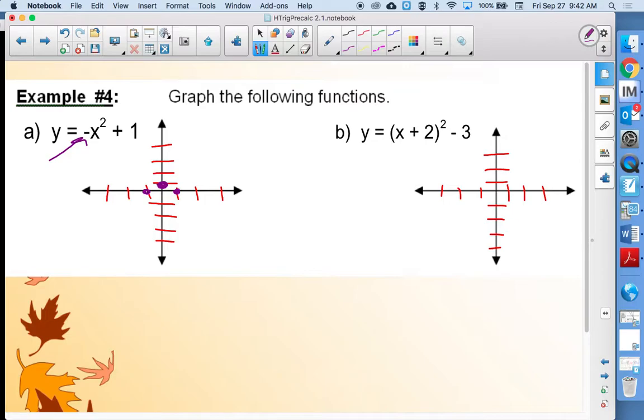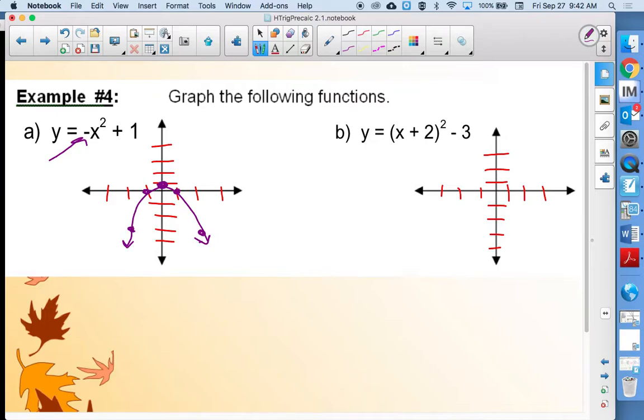If I go over 2, 2 squared is 4, so I need to move down 4. So I have a parabola that goes down. 1 over, 1 squared is 1. If I move 2 over, I'm squaring it and I'm moving down 4 because 2 squared is 4.